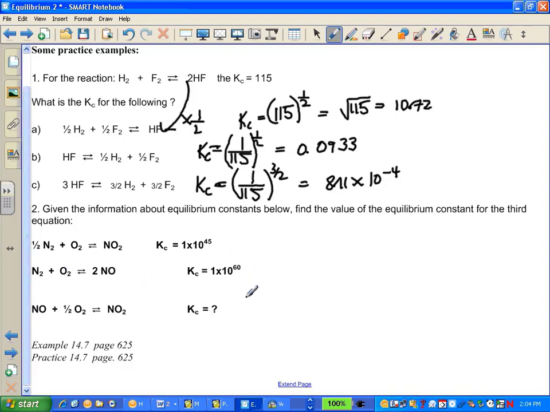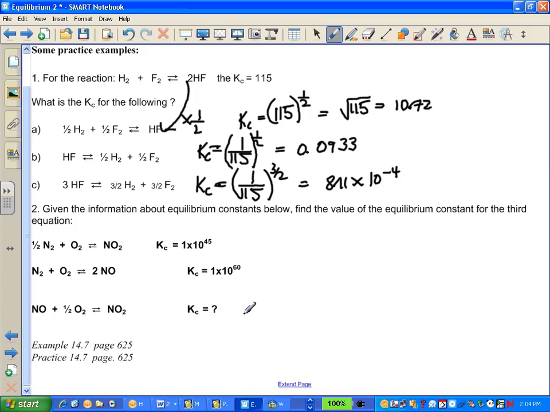Our goal is to be able to determine the equilibrium constant for this third reaction. So the way that we're going to do that is by figuring out a way to make the first two reactions add up to the third reaction. And we're going to use a combination of the manipulations in order to determine the new Kc value.